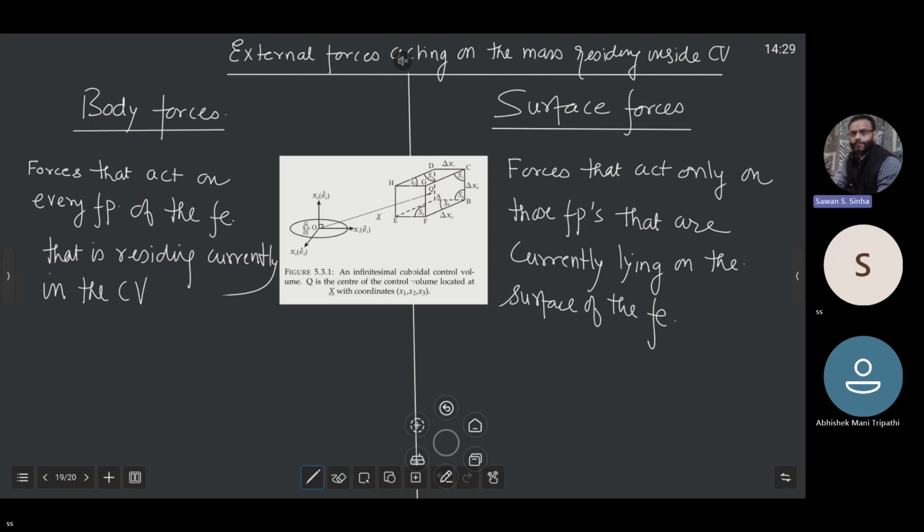Now, Devesh was asking this question also in the morning, that when I say external forces, who is exerting those external forces, right? The answer will come from this slide. So we identify or realize again that there is a fluid element coinciding with it. That's the chunk of mass at time t.